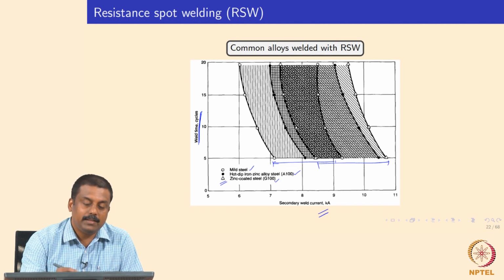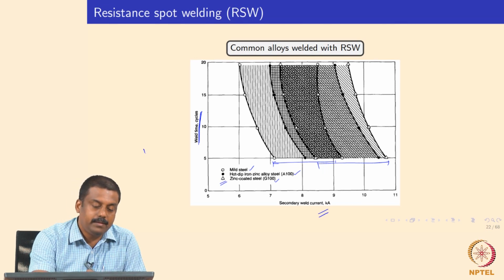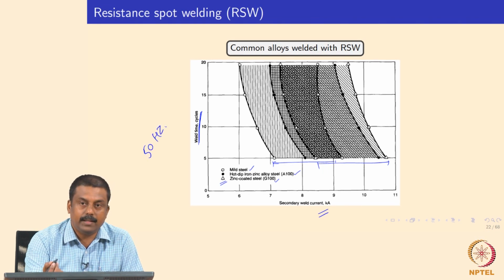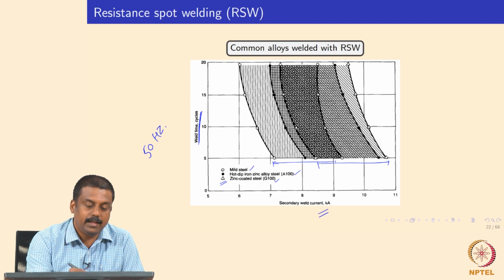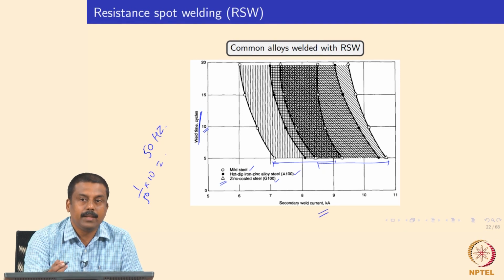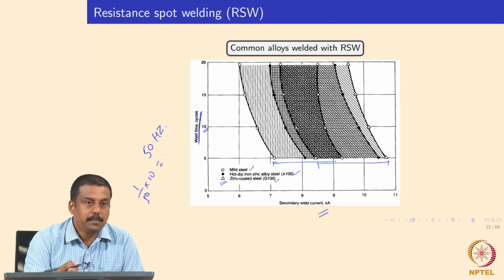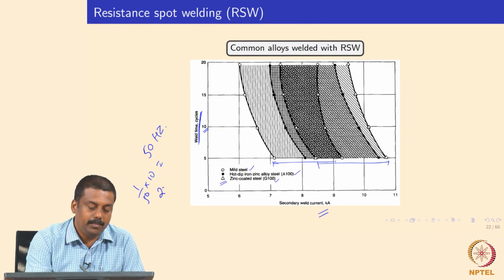The cycle here is the number of current cycles in alternating current. For example, if you have 50 hertz, you will have 50 cycles in a second. So if the weld time is 10 cycles, that means 1 by 50 times 10, so that will be 0.2 seconds, that is 200 milliseconds. That is your actual welding time.